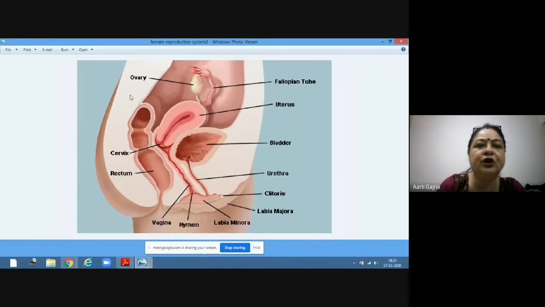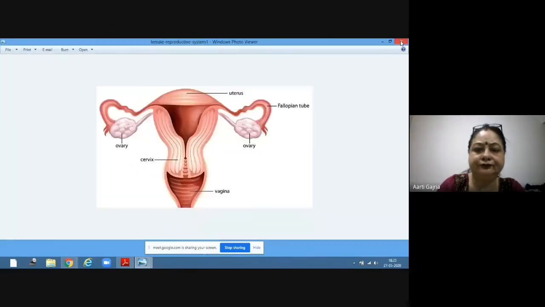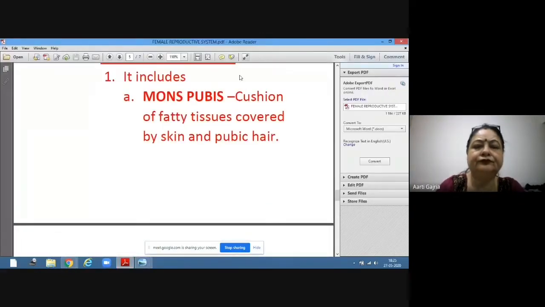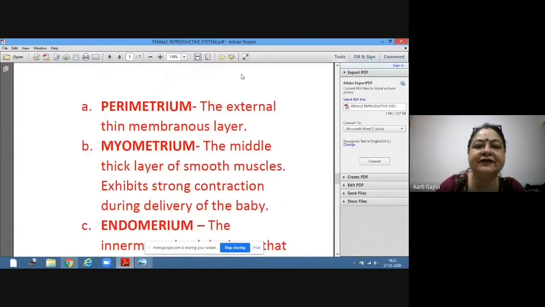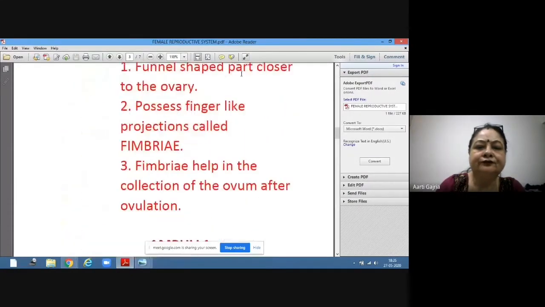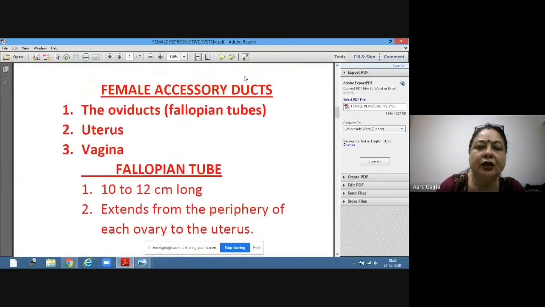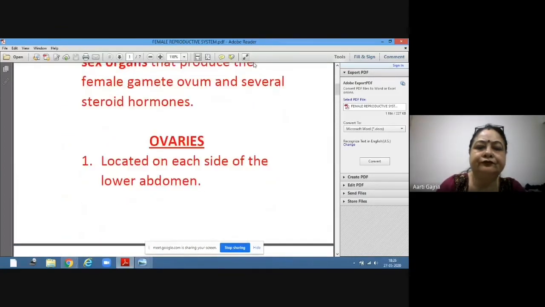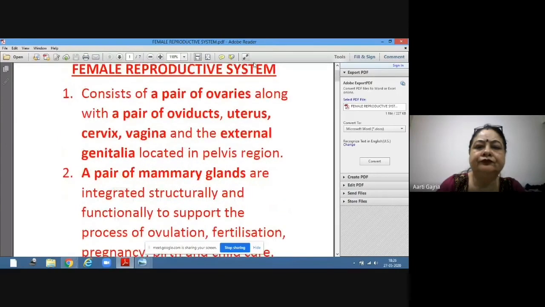The anatomy of the female reproductive system consists of a pair of ovaries, a pair of oviducts, uterus, then cervix, then vagina, and then the external genitalia.